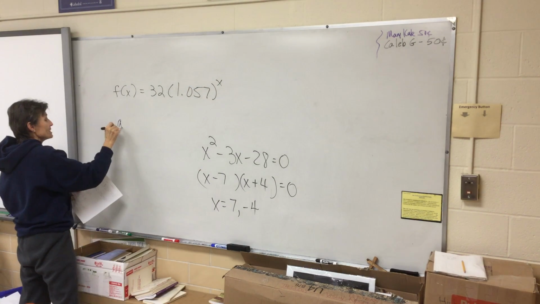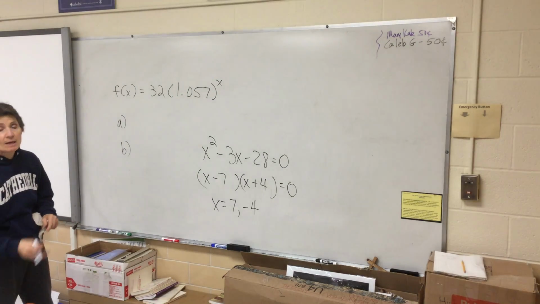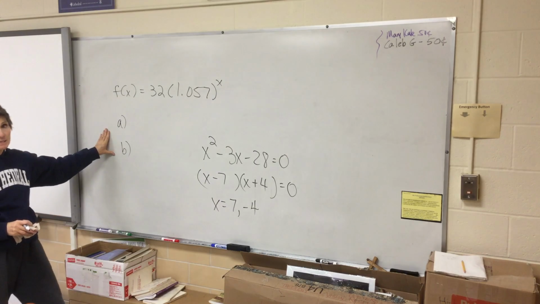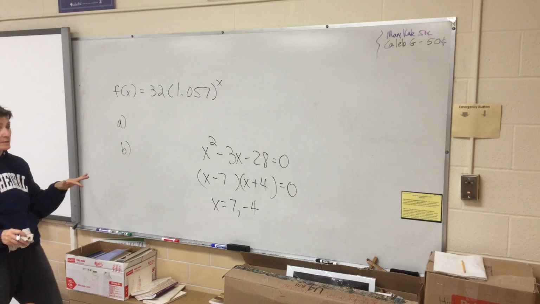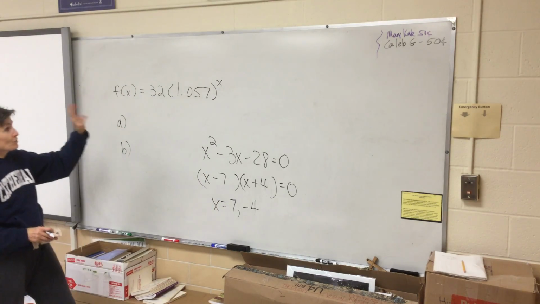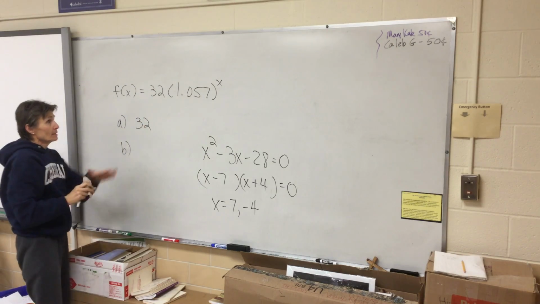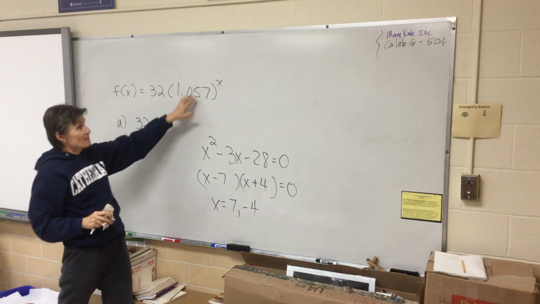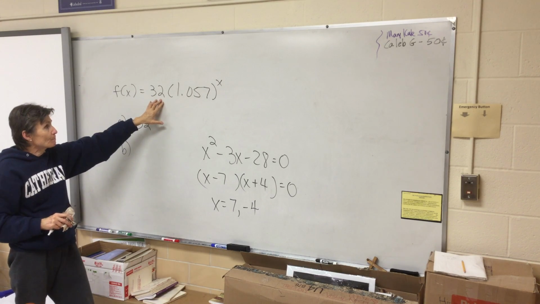And we want to know the initial value and the rate of growth or decay. Well, this is actually a really easy problem because you can look at it and answer both questions. There's no work involved. The initial value is 32. Remember this is A times B to the X, your A, this number is always the initial value.